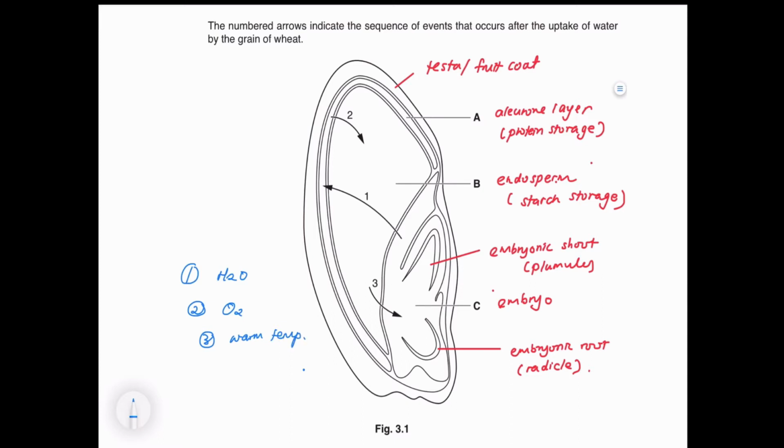So what is the chemical messenger that stimulates the process of germination? In this case, water is one of the main stimulants that trigger the production of the signaling molecule known as the hormone gibberellin, and the process of germination will begin.